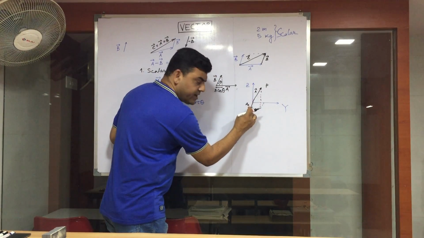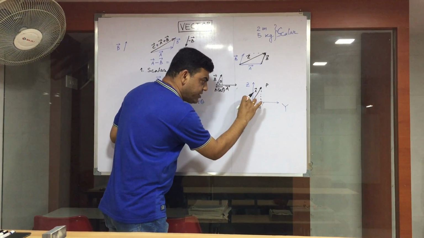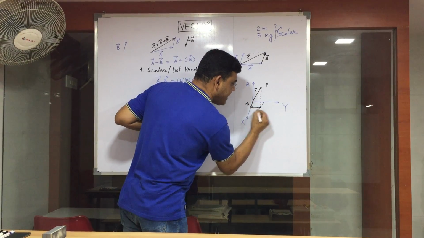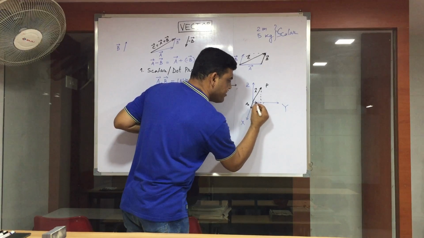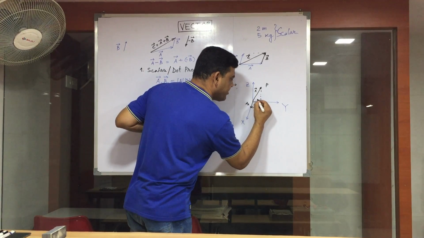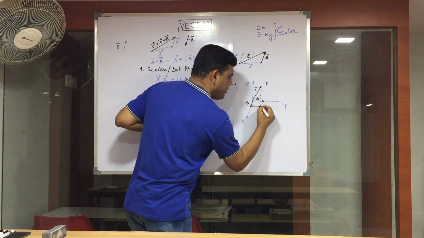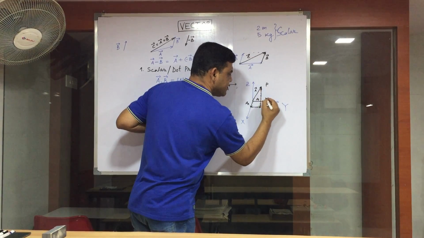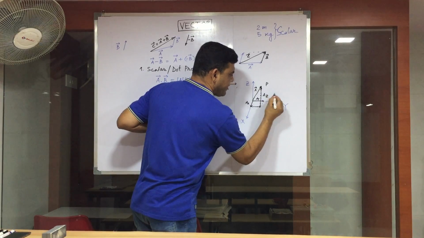I have traveled this length along the x-axis, then we travel this much along the y-axis. We call this AY. And from here I have traveled this much, and this is AZ.